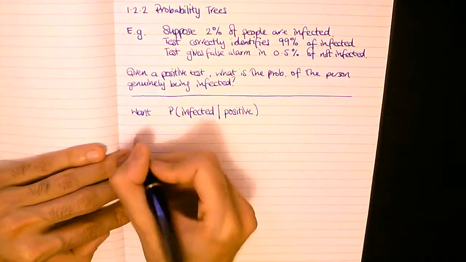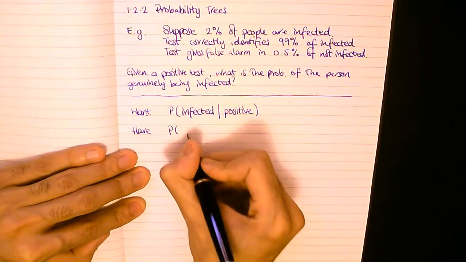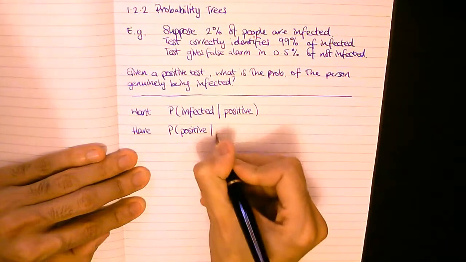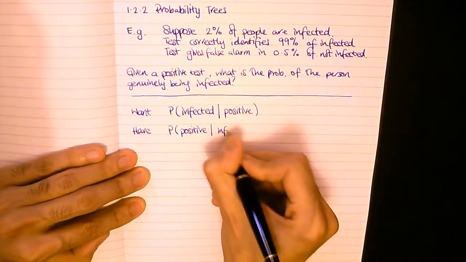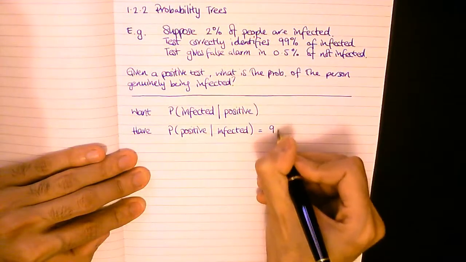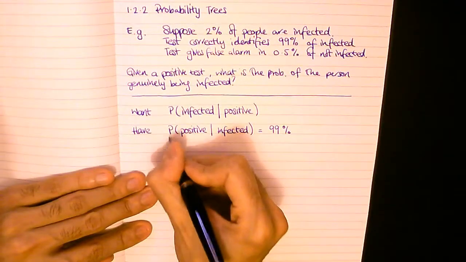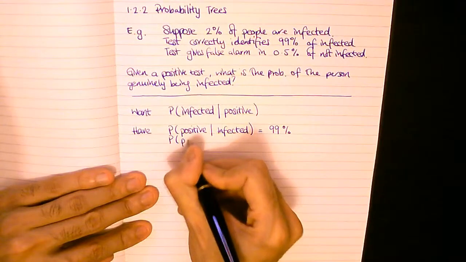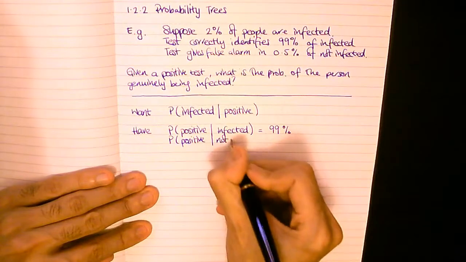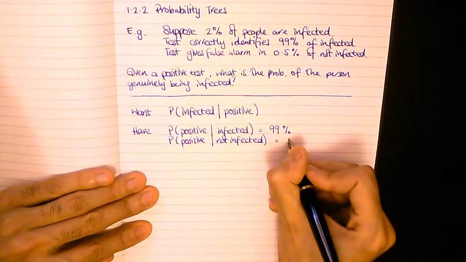We have the probability of a positive test given you're infected, and that was 99%. And we have also got the probability of having a positive test given you're not infected, and that was 0.5%.